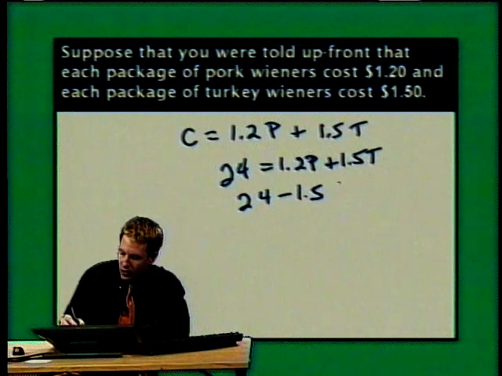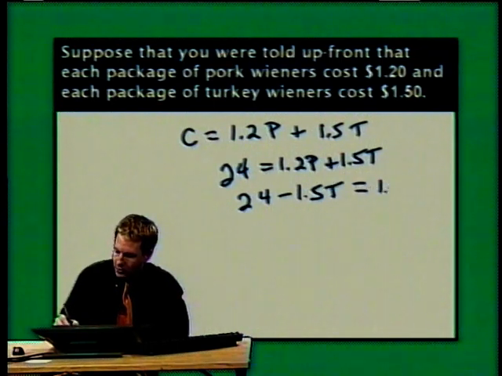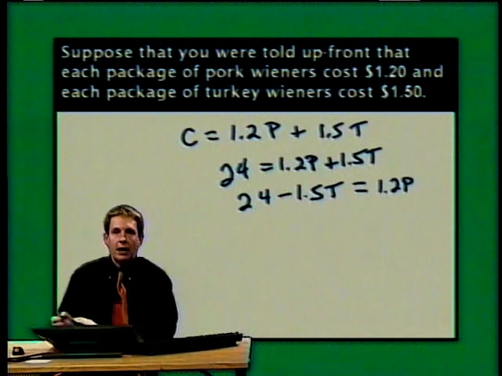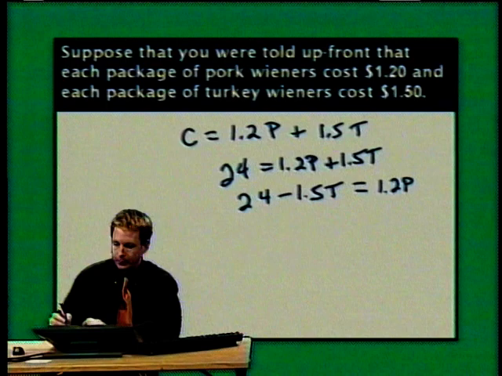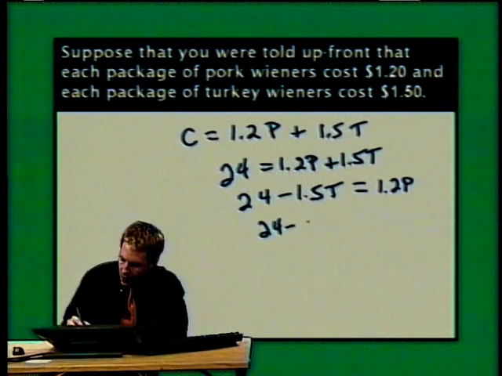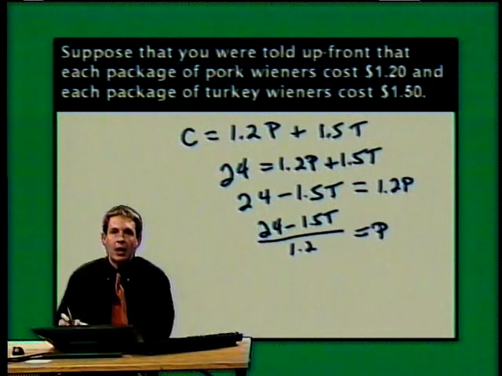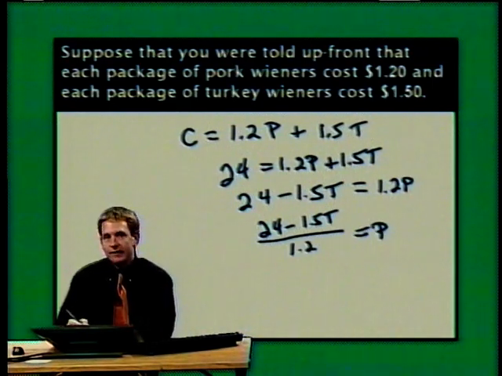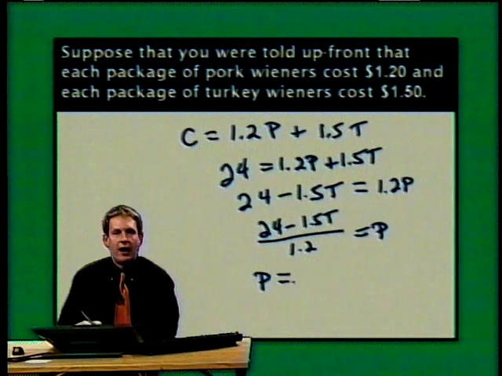That gives me 24 minus 1.5T equals 1.2P. Now I need to divide both sides of the equation by 1.2. So that gives me (24 minus 1.5T) over 1.2 equals P. Now, before I simplify this, I think I'm going to use the symmetric property of equality and rewrite this so that the P is on the left.